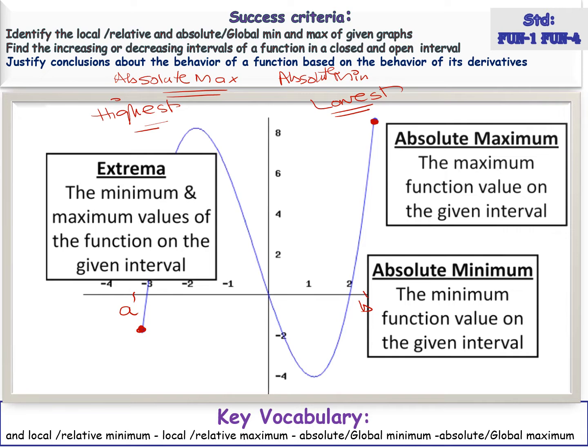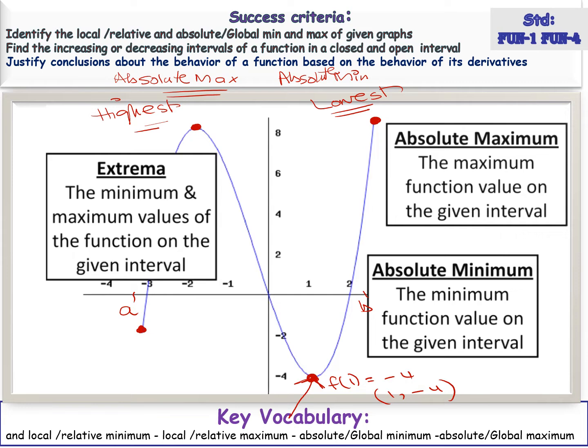Now if we look at the graph, you can say that this point is the lowest point. Here is a point and here is a point. If you compare these two points, you can say that this point at x equals 1, that is f of 1 equals -4, the point (1, -4), is the lowest point of the graph. Now there is one point on the top, and there is one more point, this one.